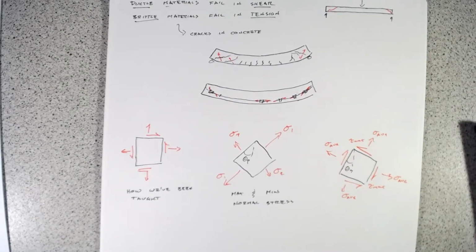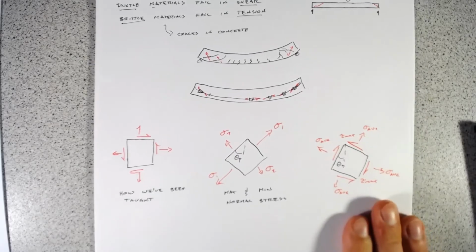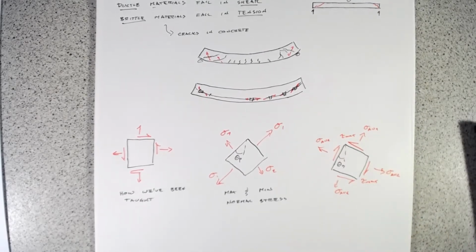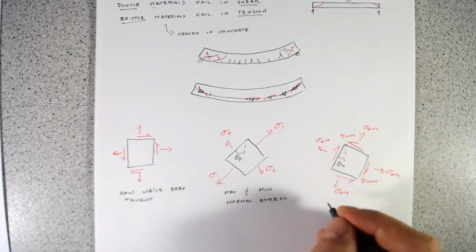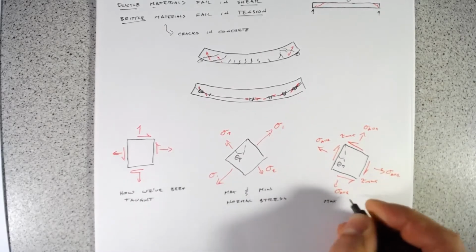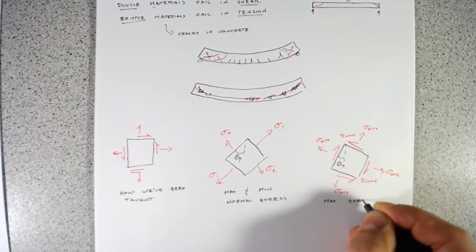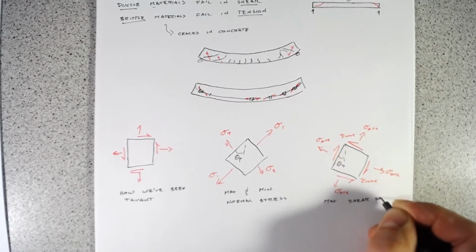Now, I'm writing tau max here. Don't get confused with the tau max from our shear distribution. Think about, even at that location of our maximum shear stress, there's some orientation by which we have our maximum shear. And so this is our max shear stress.